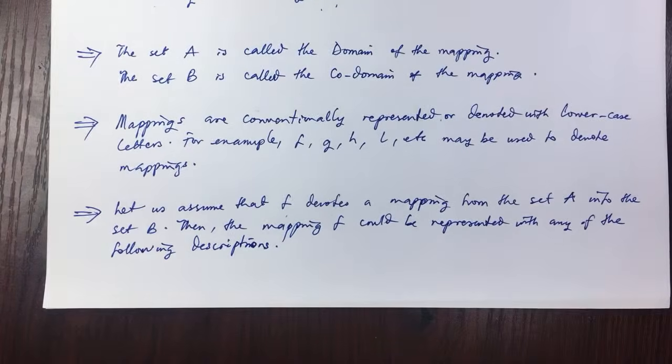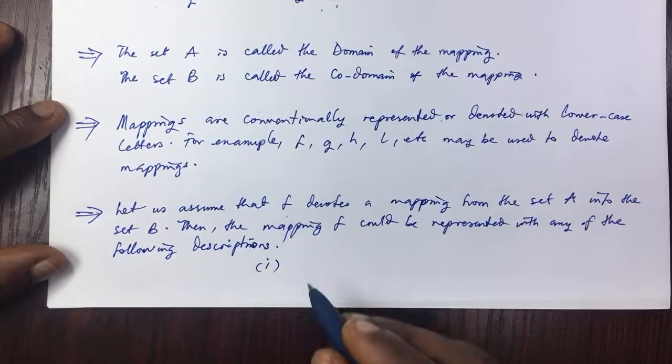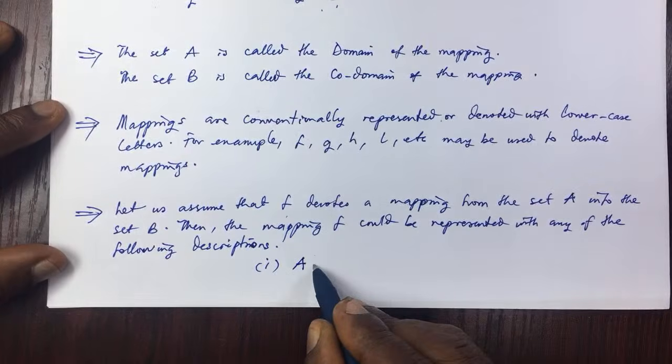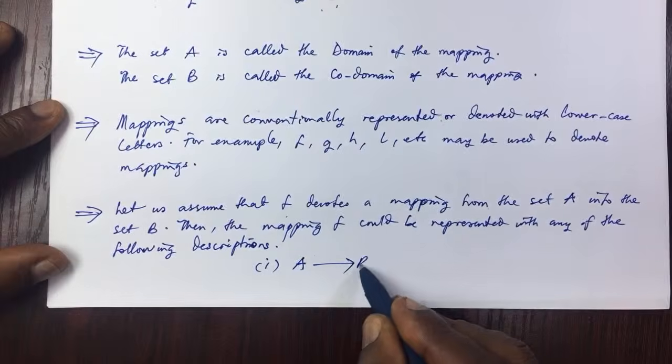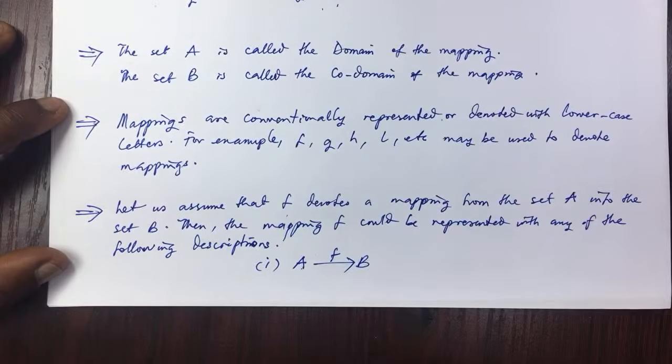Now, if you want to show that there is a rule that associates elements in the domain A with unique elements in the codomain B, then we could use a first illustration, in which case we would simply put the set A, which is the domain, put an arrow moving from A to B, and put the mapping f on it. This is one notation that is popularly used to represent a mapping that takes elements from A and pairs them up with unique elements in a set B.